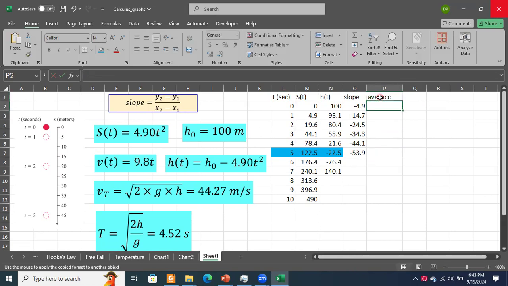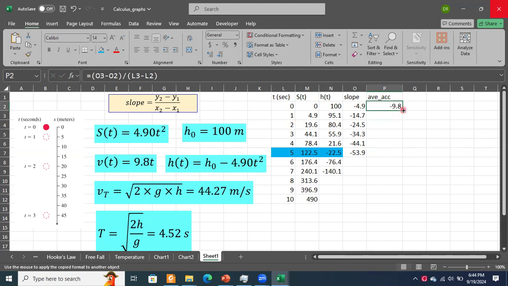So this requires the ordinate to be considered as the slope and the abscissa as the time. So this will be computed as the ordinate change divided by the change in abscissa. And this is very interesting.